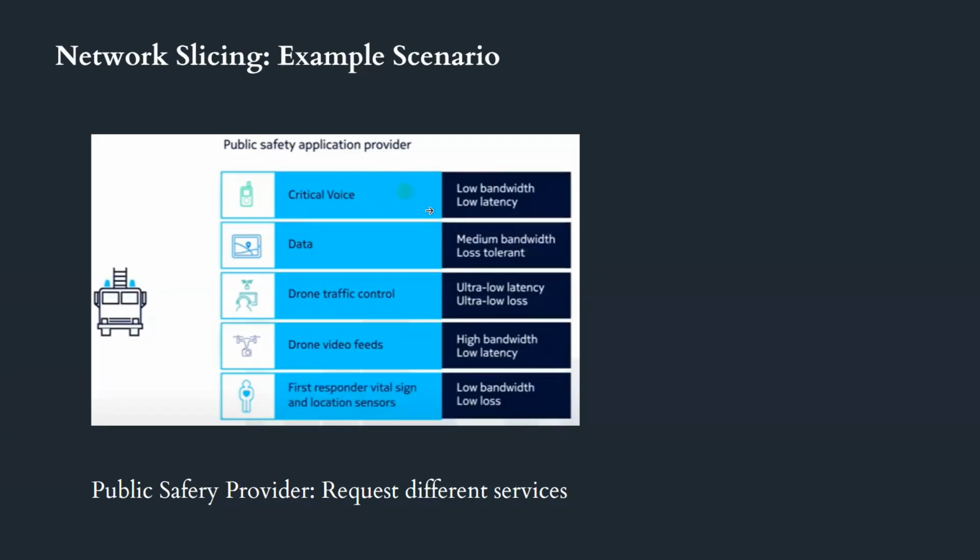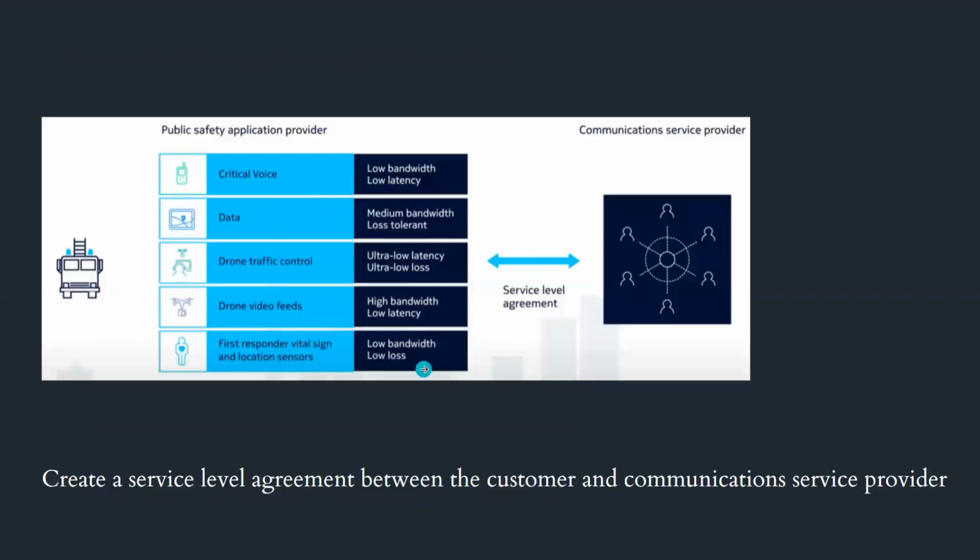So for these requirements to be met, the application provider must, before the emergency occurs, create an agreement with the network operator to give these requirements when this service is required. So based on that, the mobile operator will give a service level agreement that says the kind of service that they can provide for each requirement.